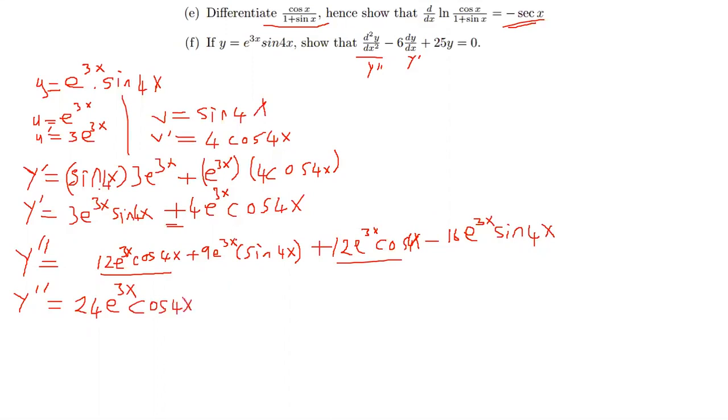Then when you add 9 and then minus 16, you get a negative 7 when you add these two expressions. So you get a negative 7e to the power 3x, then sine 4x.